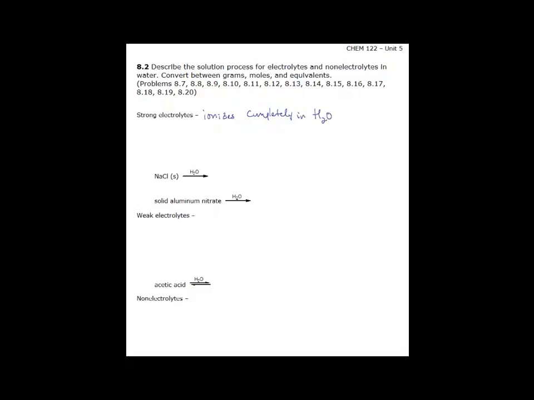If you remember, we talked about ions in Unit 2. Ions are charged species. So you have a cation or an anion. If you have something that ionizes completely in water, this is going to be an ionic compound. So always ionic compounds.